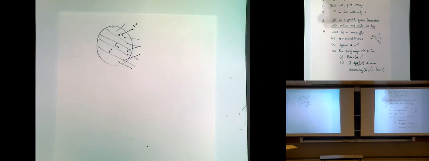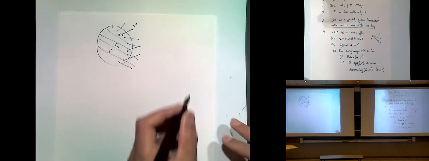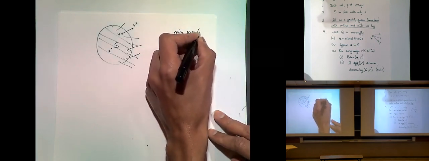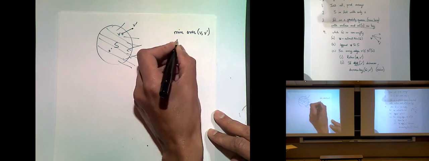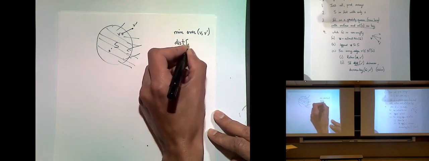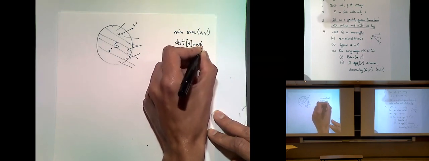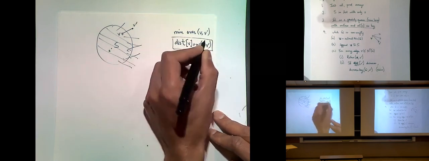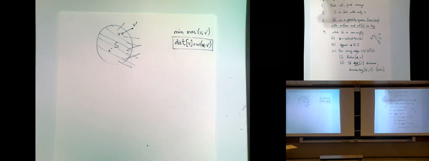Let's just say magically at some point, what you're trying to do is minimize over the edges VV prime. You're minimizing over these edges the distance to V plus the weight of VV prime. This is the quantity you're trying to minimize, right?